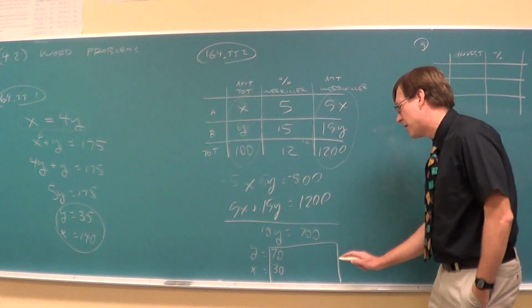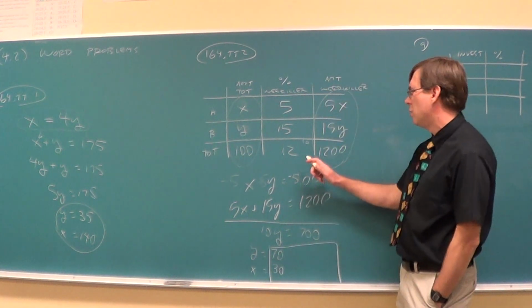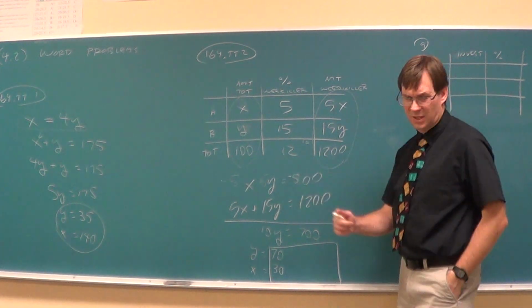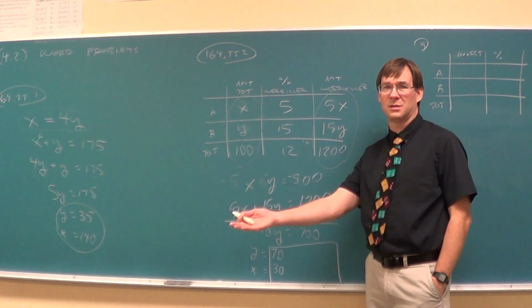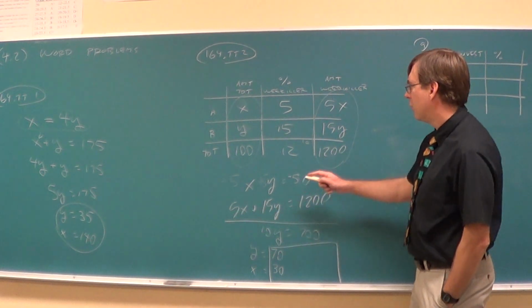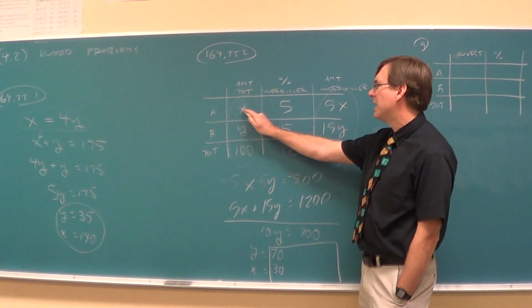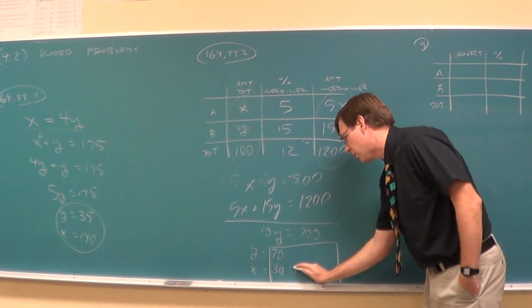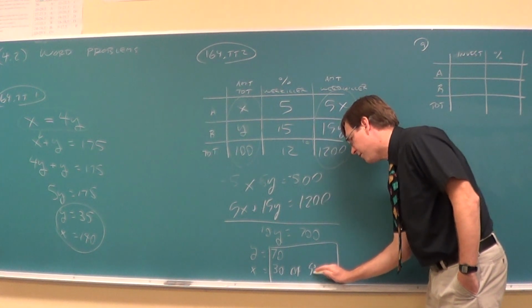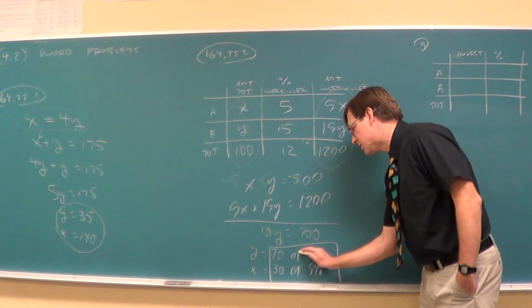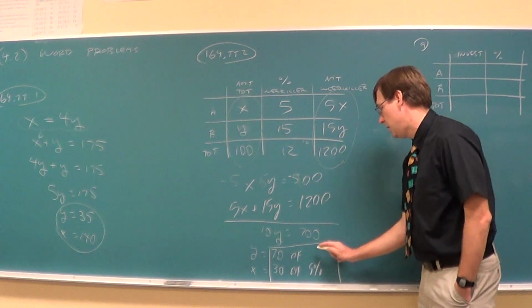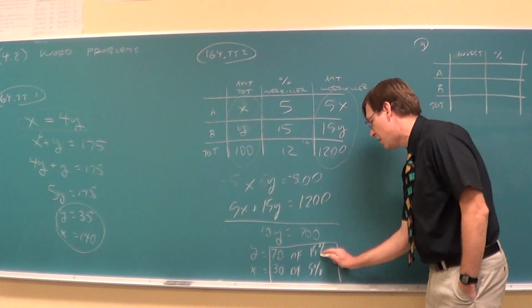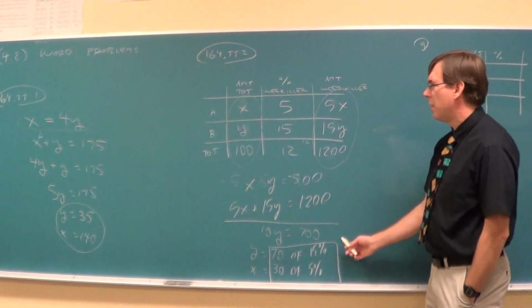For these, I'd rather get a descriptor of who goes with who, not just x's and y's, because did the original problem mention x's or y's? No. So the original thing, this was identified as being 5% stuff. So maybe do an answer like 30 of the 5% stuff and 70 of the 15% stuff. Then we have a descriptor to go with the amount.